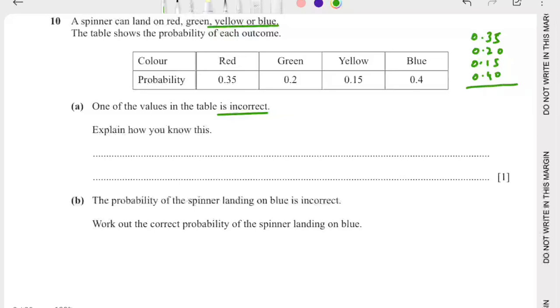We are going to add them. This becomes 5 plus 5, 10. 0 would be here, 1 carry, 3 4 5 6 7 8 9 10 11. So it would be 1.1. A total cannot be more than 1. So that is why there is one value that is wrong here. So the statement can be the probabilities add up to more than 1.